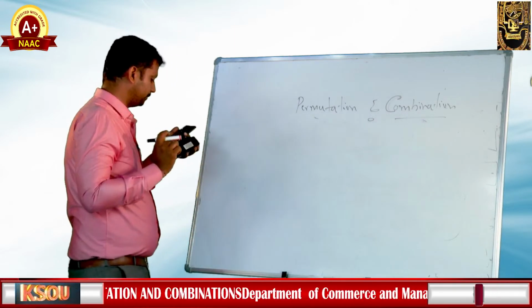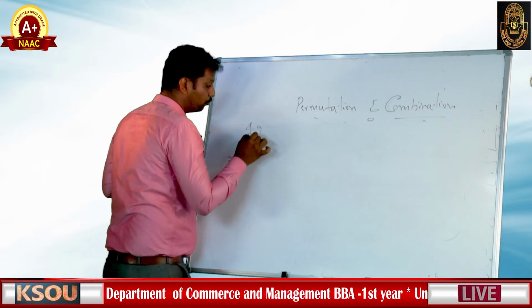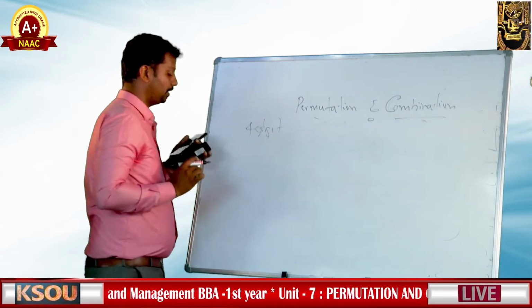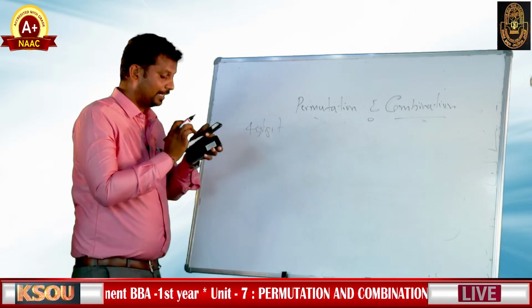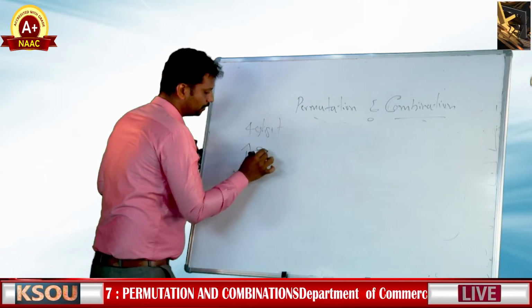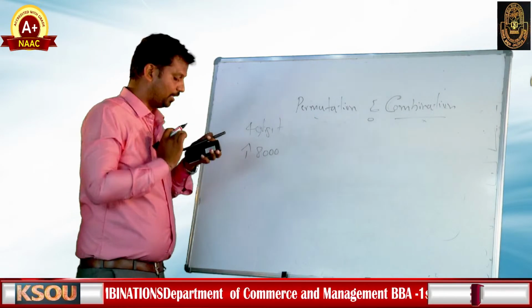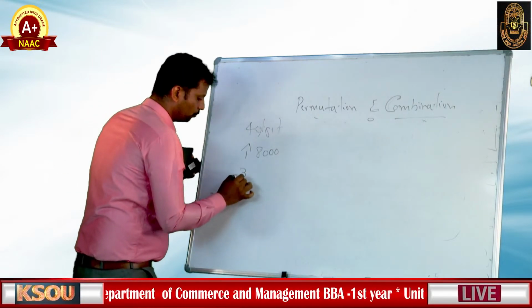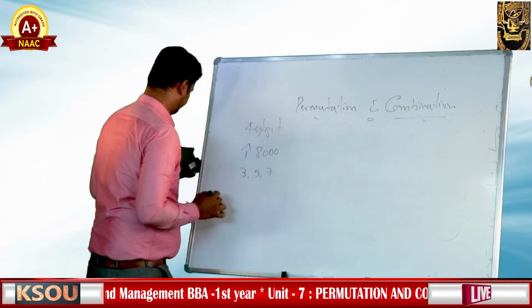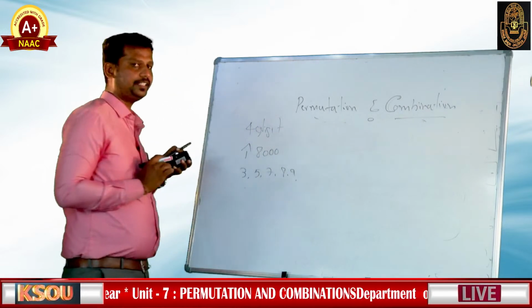You should arrange 4 digits, and the number must be greater than 8,000. The digits are 3, 5, 7, then 8, 9.